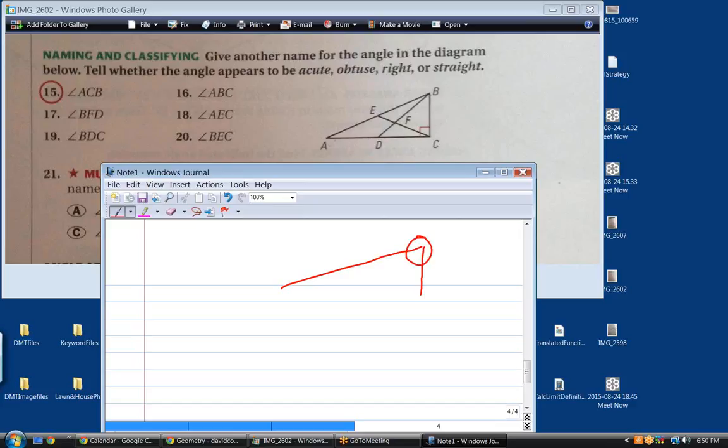Is that acute, right, or obtuse? It looks acute. Correct. And that's all you need to know. We don't know how big it is. We don't need to know its measurement for this problem.